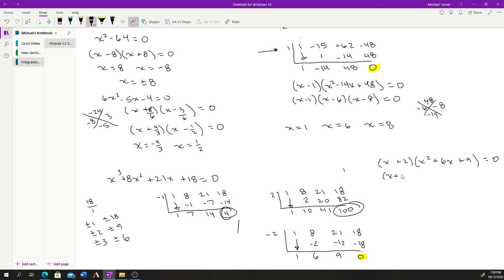I still have x plus 2, and I know the solution is negative 2, but I need to factor this right side if I can. This is your perfect square trinomial, and you can get that by doing the magic x if you'd like, but it's x plus 3 times x plus 3, or x plus 3 squared, which means your solutions are negative 2 and negative 3.